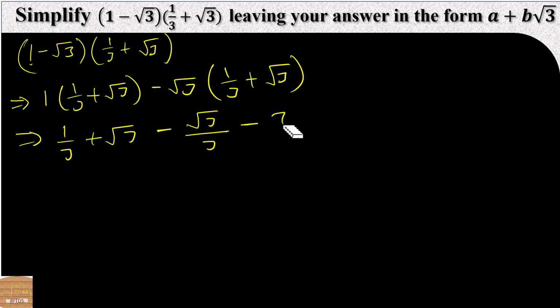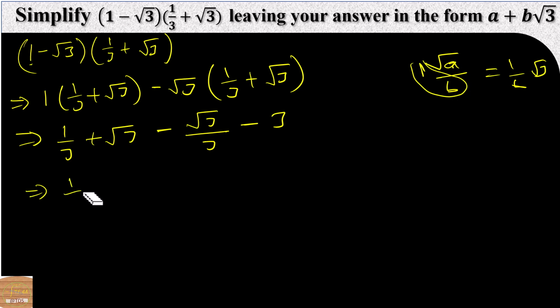All right, now in case you have, let's say, root a over b, it is the same as 1 over b root a. So the coefficient is 1, so 1 over b times that. So this one is the same as 1 over 3 minus 3 plus root 3 minus 1 over 3 root 3.